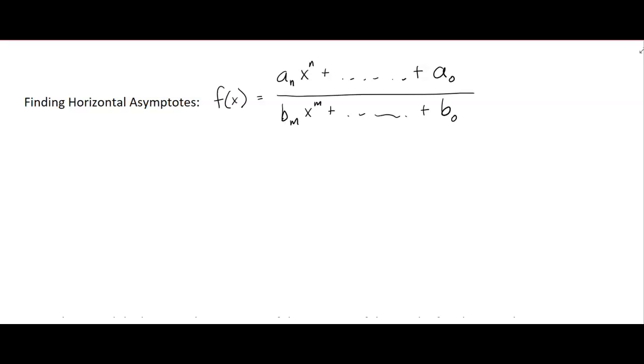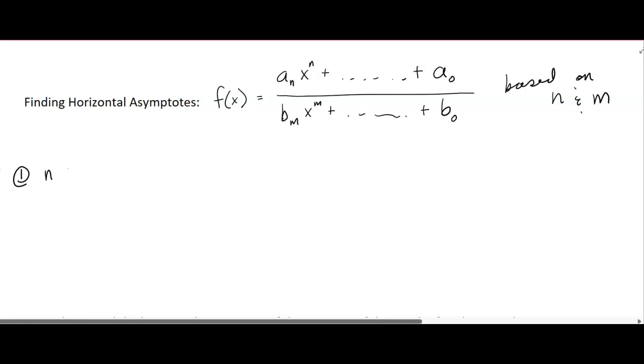Okay, horizontal asymptotes are based on the degrees. So based on n and m, the degrees of the two polynomials. Okay, there are three cases. So case one, if n is less than m, so the degree of the numerator is less than the degree of the denominator, then your horizontal asymptote is at y equals 0.